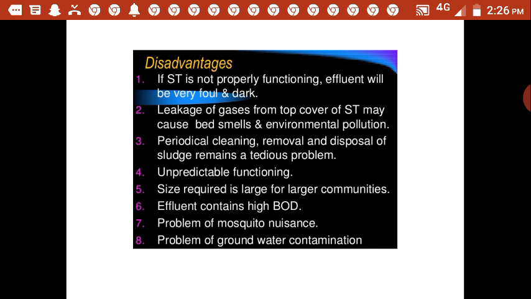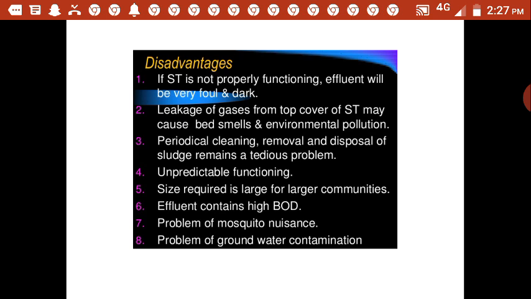Once it enters the sewage, many bacteria will be there. The paracetamol comes in contact with the bacteria and deactivates the cells of the bacteria. So in that case, the septic tank will not work, and the efficiency is going to reduce.